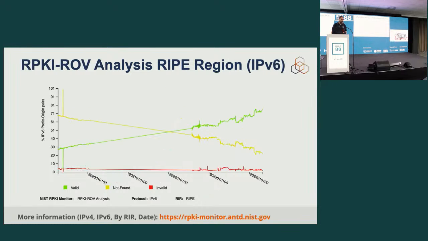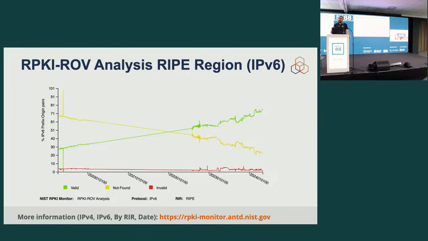And for the IPv6 space, it's even better. We're flirting with almost 80% of the pairs between IPv6 and ASNs being valid. So we're definitely on the right track, right?